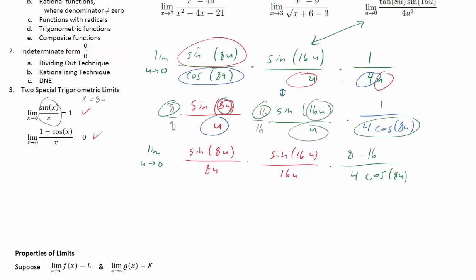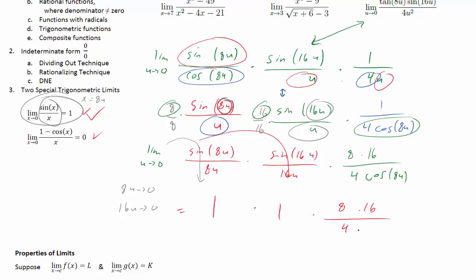As u goes to 0, 8u also goes to 0, and 16u also goes to 0. So if I apply substitution here, I can apply the first limit and say that this equals 1 times, and I can apply this limit to get 1 times 8 times 16 over 4 times cosine of 8 times 0, which is also 1. So the answer is 32.